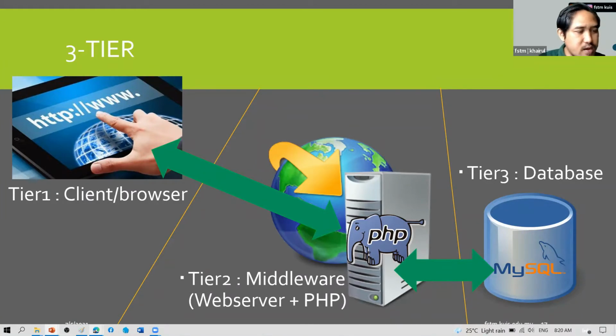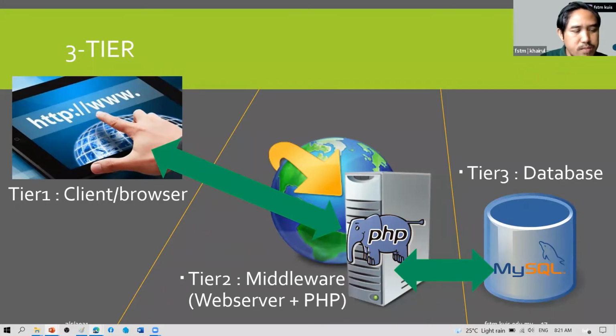The client or the browser, I mean the user interface for the client, needs the browser as the interpreter. So normally when you try to open an HTML file, you will open it inside the browser.